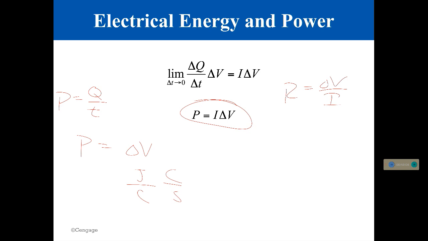What did you get? 240. Here it is in a nutshell. If that's 60 watts, and that's 120 volts, which it always is in America, what does current have to be? 0.5, one half. So you only want a half amp out of 120 volts. What does your resistance have to be? 240.